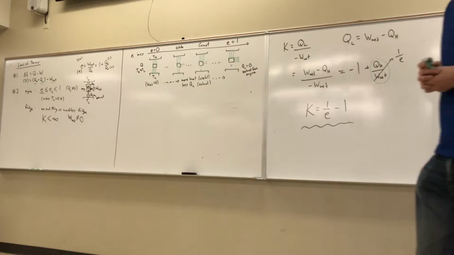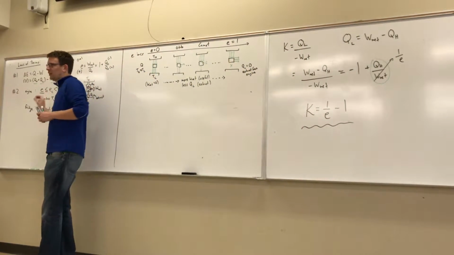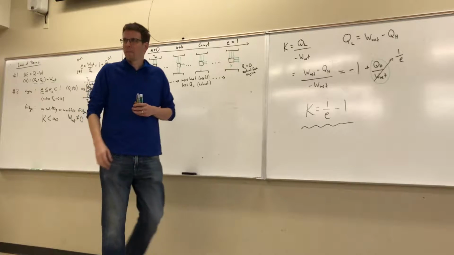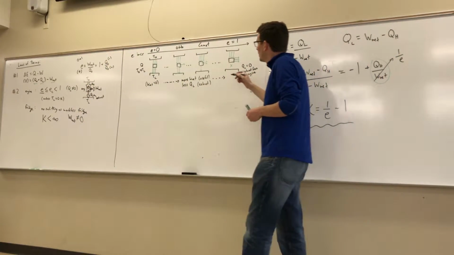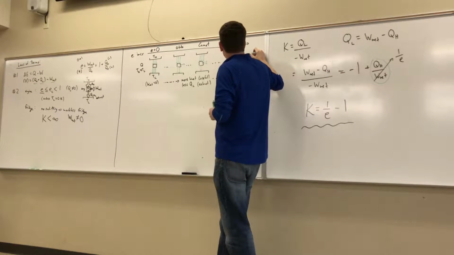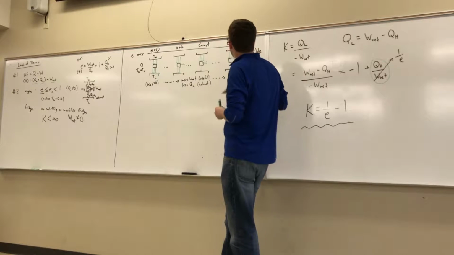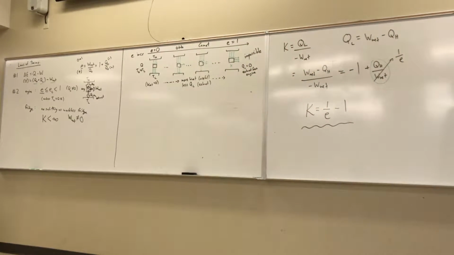Can't happen. There's nothing in the first law which says it's not okay, but the second law forbids it. We top out at the Carnot cycle, everything beyond that is impossible. So everything from here on up is impossible. So that's just a little bit of talking about the engine side of things.